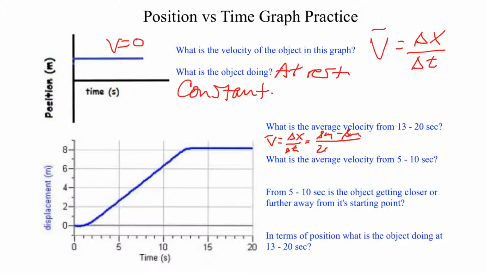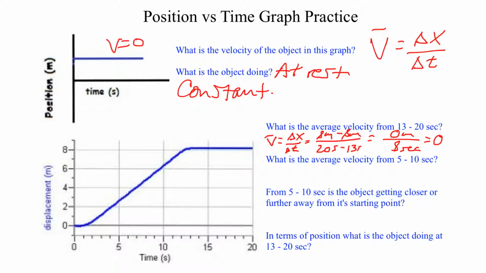Then we can write in our x-axis information. 8 minus 8 is 0 meters, and 20 minus 13 seconds is 7 seconds. That gives us 0 for our velocity, which makes sense because we have a horizontal line here.